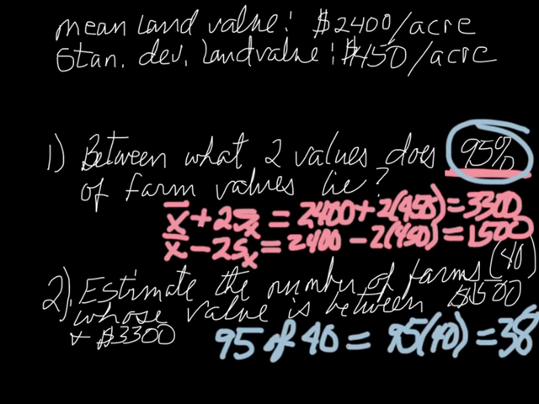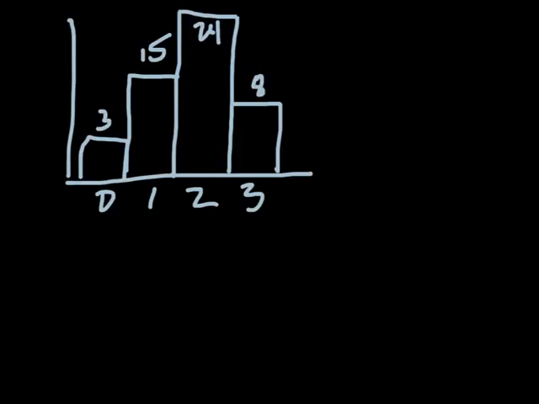And so this is a typical empirical rule problem. What I have for you here is a histogram, and this histogram has as the midpoints 0, 1, 2, and 3. Your midpoints could be decimals in other problems.